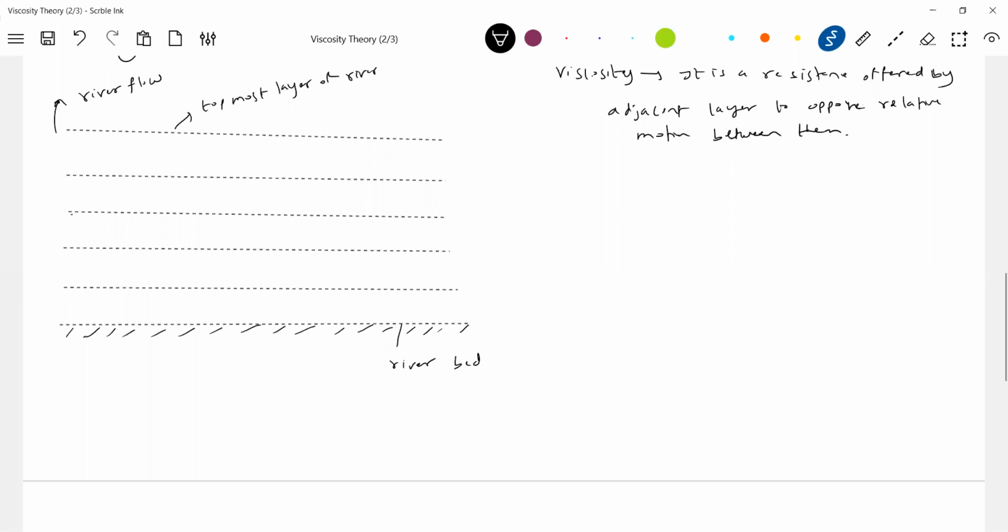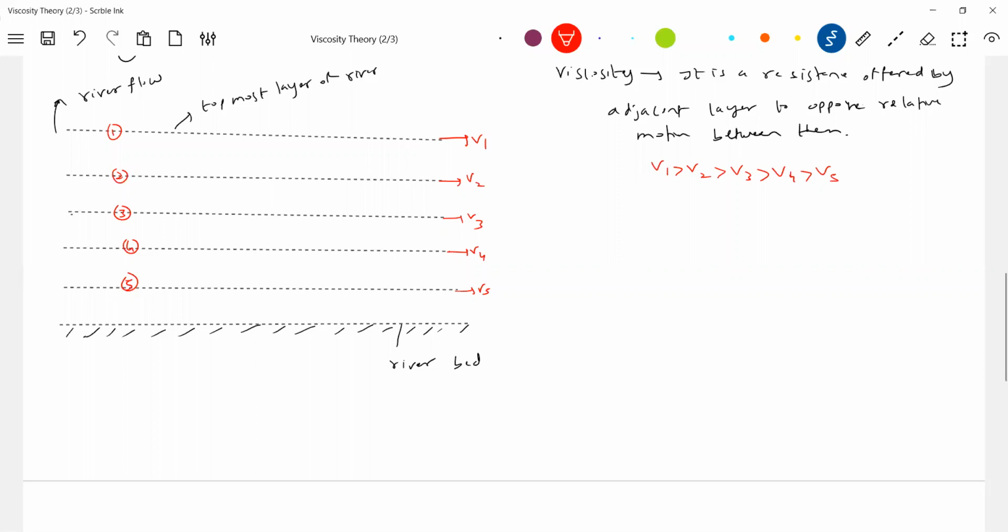Now let me give numbers. There is layer 1, layer 2, layer 3, layer 4, layer 5. The different layers will have velocities v1, v2, v3, v4, v5, with v1 greater than v2.